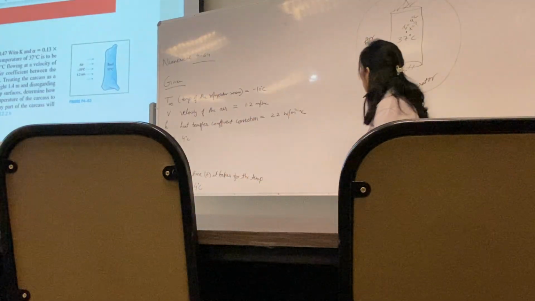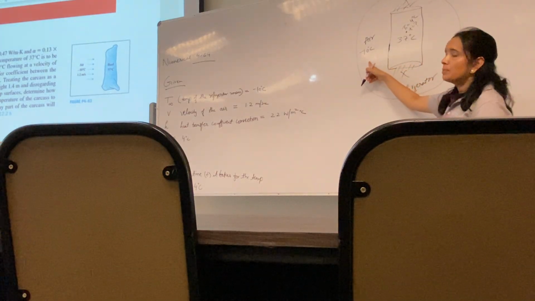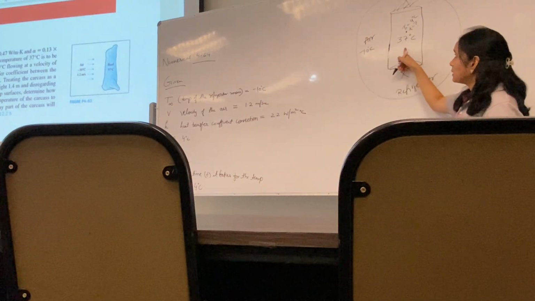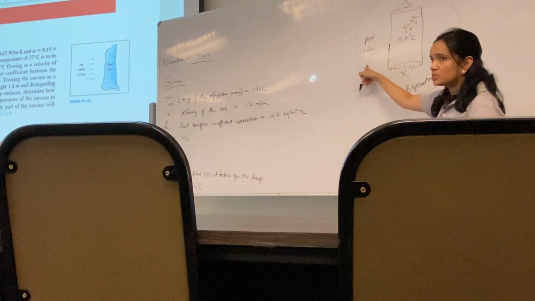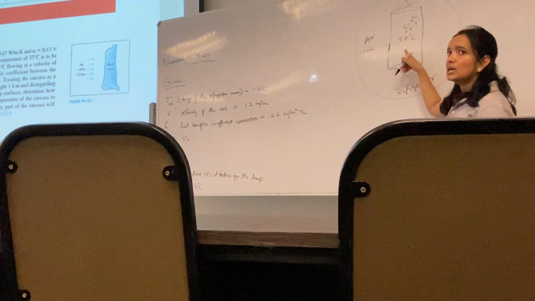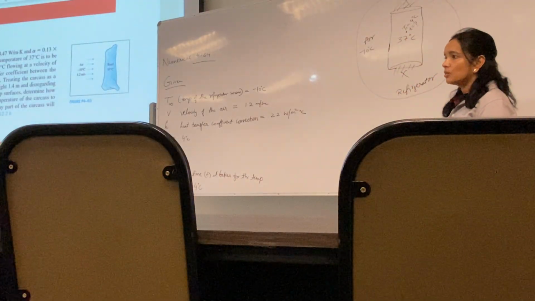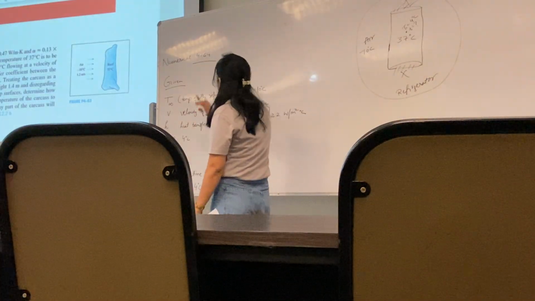The initial temperature of the carcass of the beef is 37. The outside temperature of the room is minus 10. The temperature will drop eventually, as heat transfer is happening from the beef to the outside. They are asking how much time it takes. And this is the cylinder. Alright, the answer is also given.